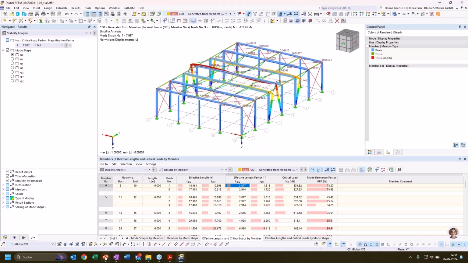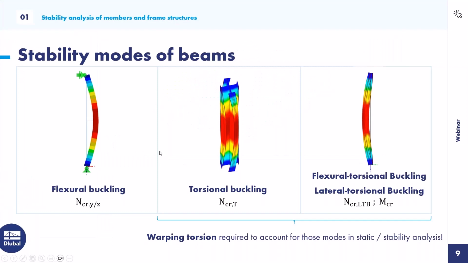And now I want to take the next step and highlight a thing that you may have noticed so far. We have only discussed the flexural buckling of members, but especially in steel structures, other stability modes can also govern the stability design of these members, namely torsional buckling or flexural or lateral torsional buckling.